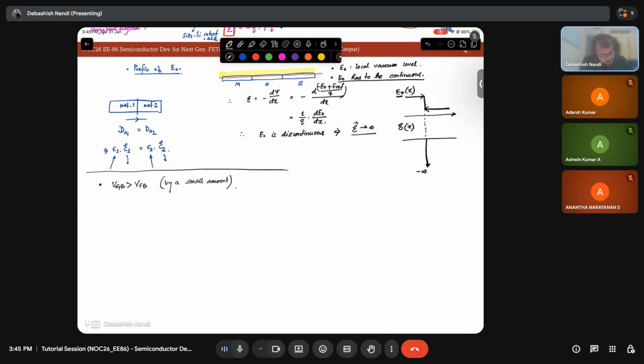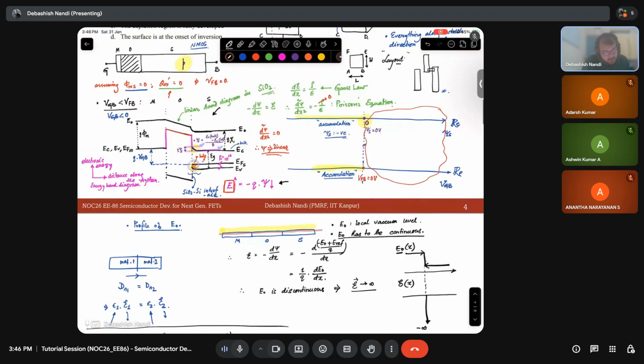So what will happen? So let's say this is my MOS structure. What is the first line I'll draw?